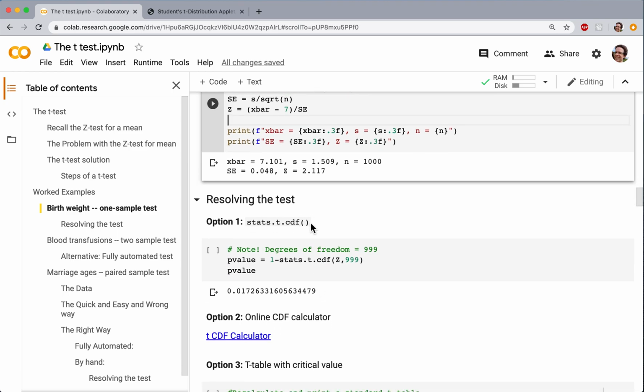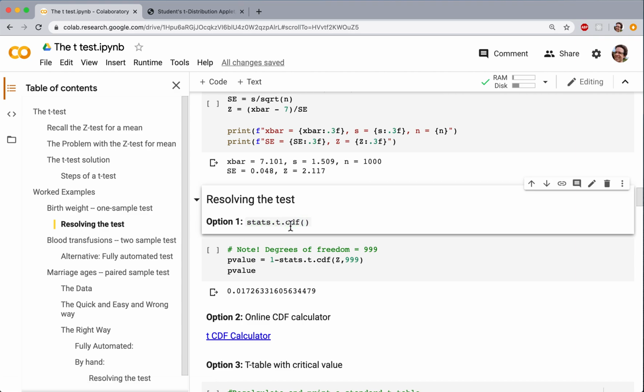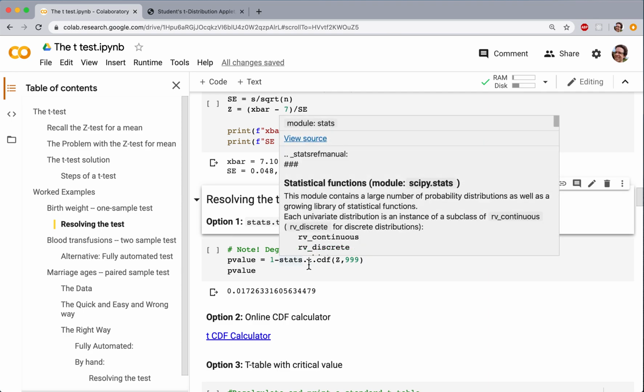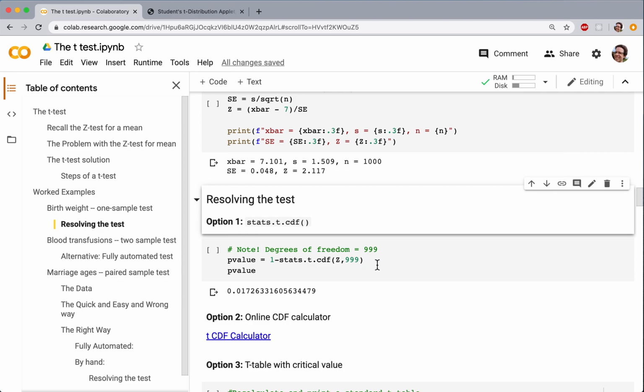The first is to simply use the function stats.t.cdf. So basically, from the stats package, look at the t distribution and look at its cumulative distribution function. Just like for the normal stats.norm.cdf, we have to subtract from 1 because this is going to give us a left tail. So the p-value is going to be 1 minus stats.t.cdf. And notice what I have to plug in here.